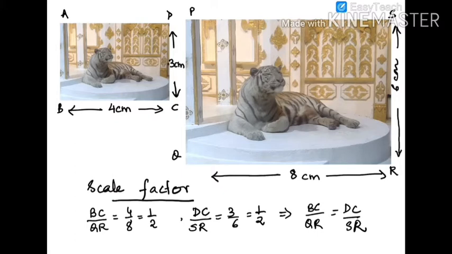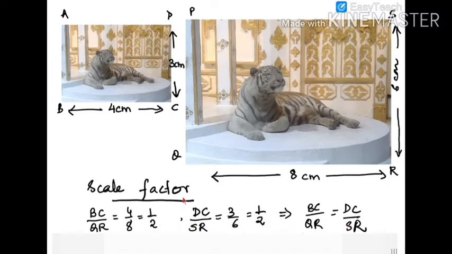So we can conclude that if two figures are similar, then their sides should be proportional. So the scale factor here is 2 if we want to magnify the rectangular image, and it will be half if we want to diminish the rectangular image.